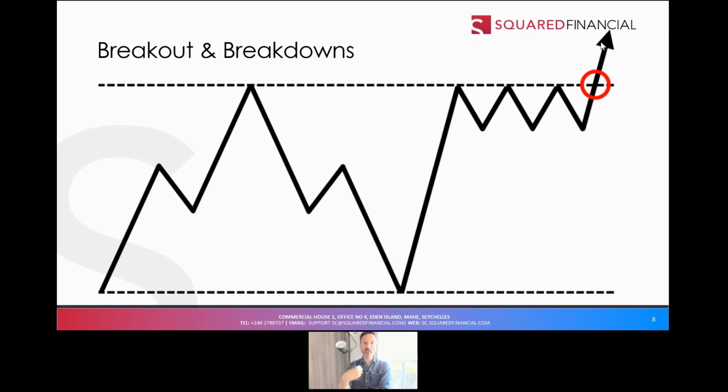What I do, in order not to miss a lot of trades, is like we said last time, I use the position building rule of thirds. So I would go in with one third of my position when I see that it crosses, that it might be a breakout. I go in one third, and then I add to the position when I get the confirmation. What is the confirmation? It's when the price pulls back and touches the old resistance, now turned support, the line that I drew, and rebounds back up.